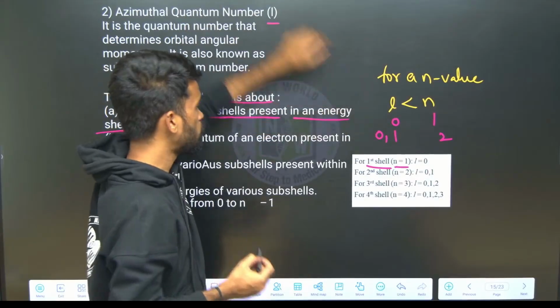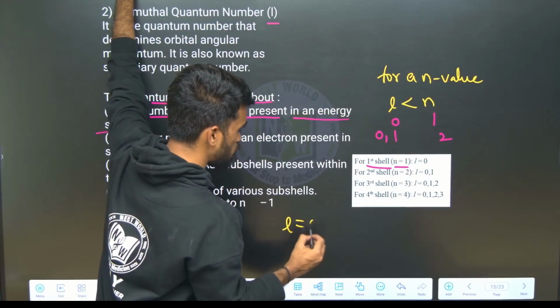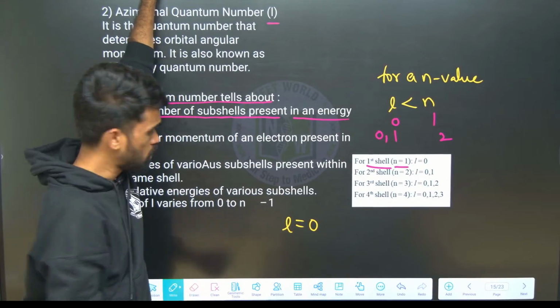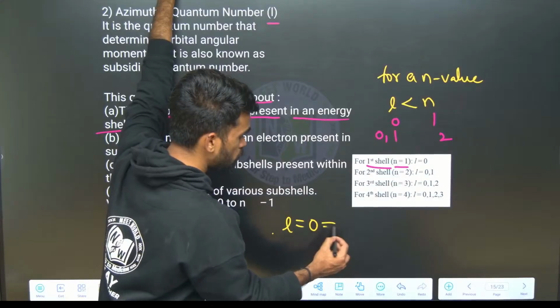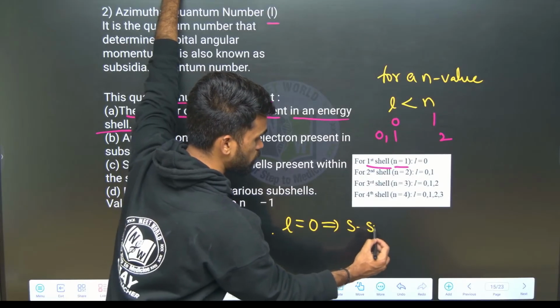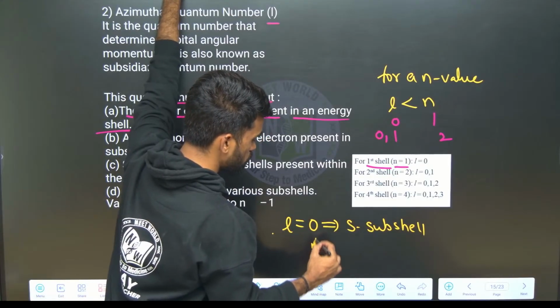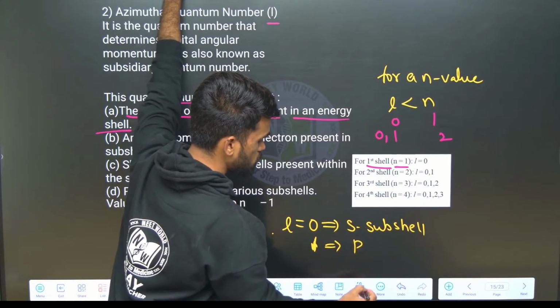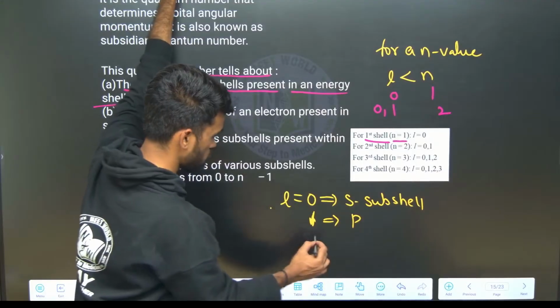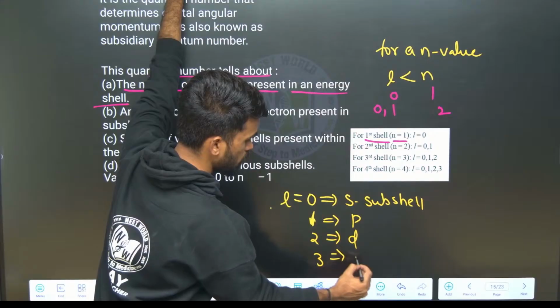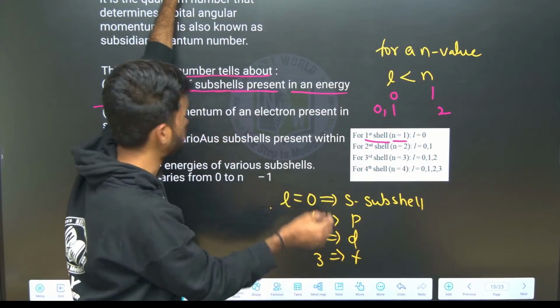Now, l says about subshells. If l equals 0, this is the s subshell. If it is 1, p. If it is 2, d subshell. 3, f subshell. This is also very important to decide.